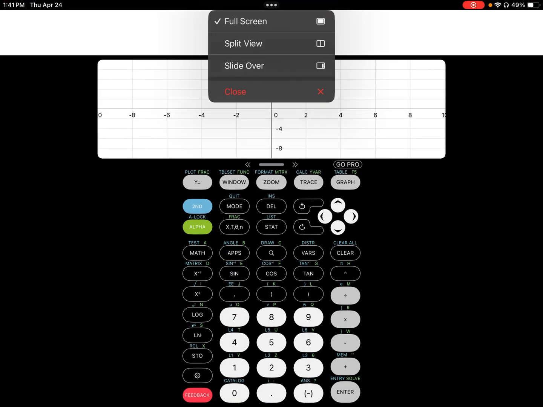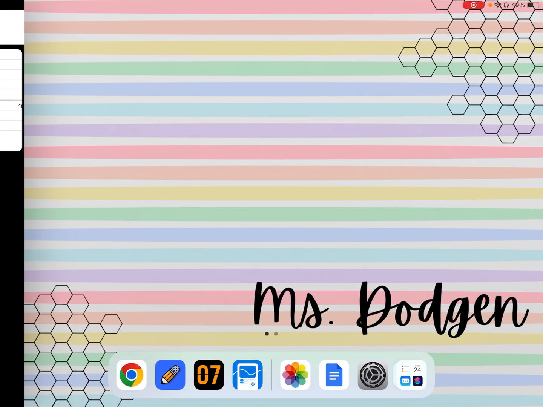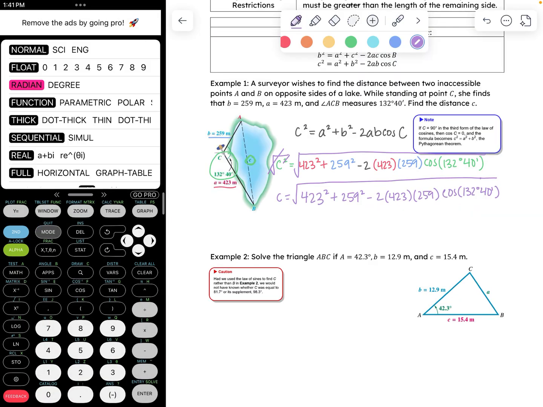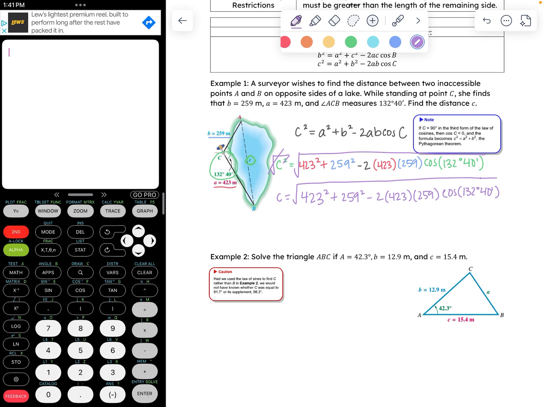I need to make sure that my calculator is in degree mode, since we're looking at degrees here, which I am in radian mode, so I need to fix that. And then I'm just going to plug it all into the calculator. The square root of 423 squared plus 259 squared minus, oh, I forgot a squared. Be careful with how you plug stuff in. There we go.